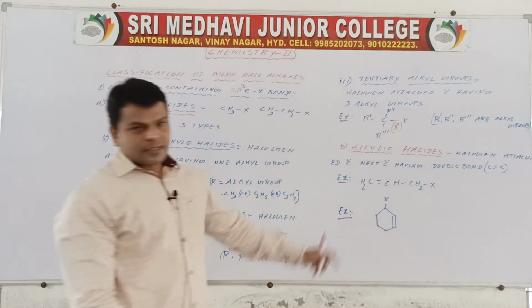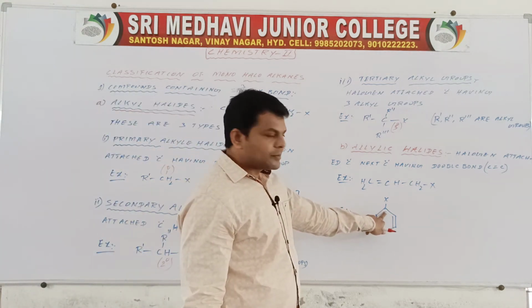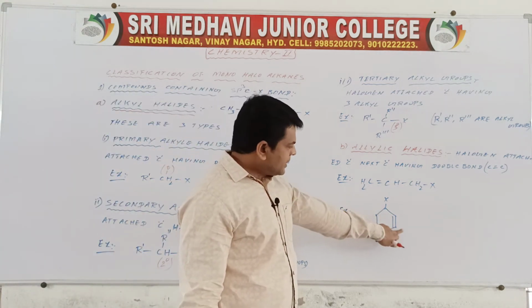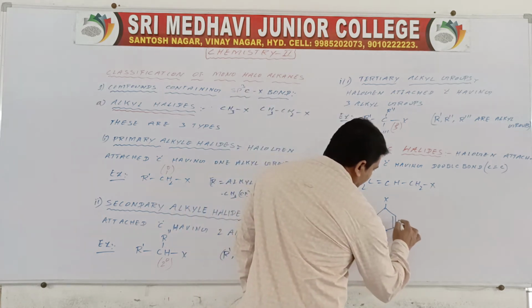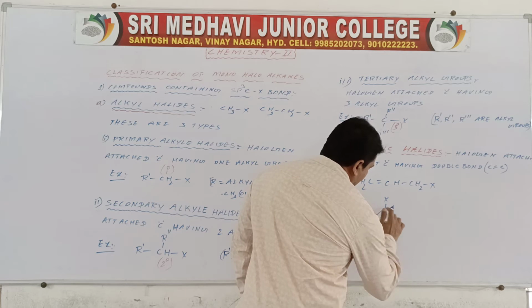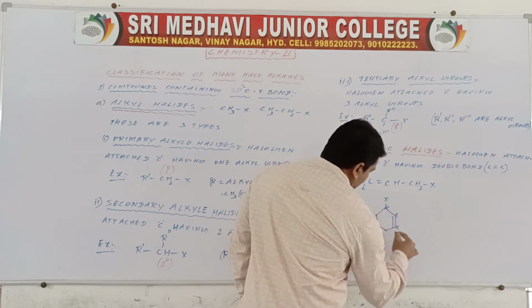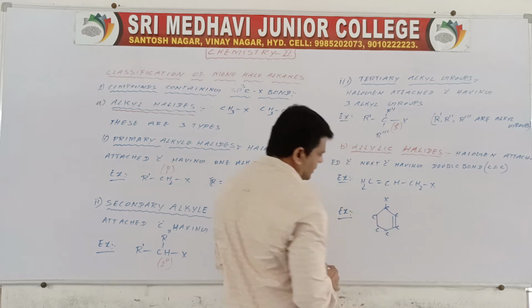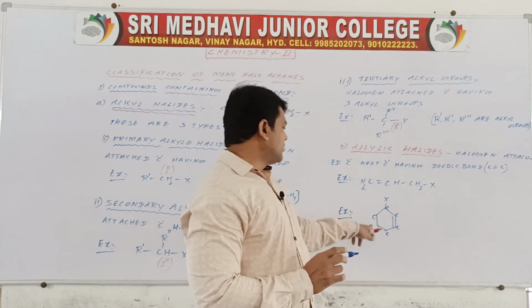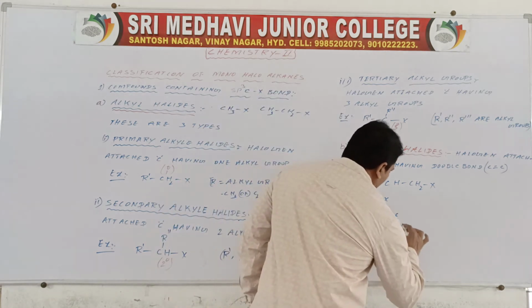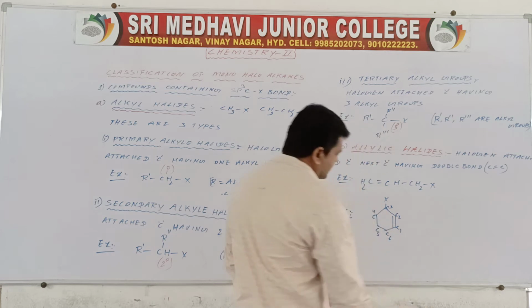One more example we may give. This carbon undergoes sp3 hybridization, and the next carbon has a double bond. Here, this is carbon 1, 2, 3, 4, 5 and 6.